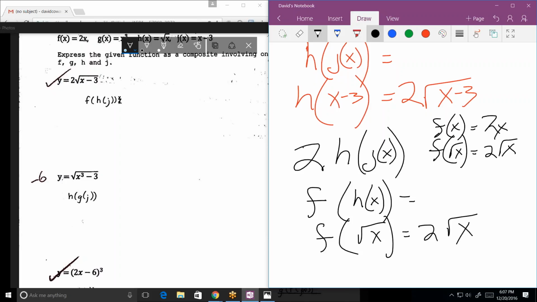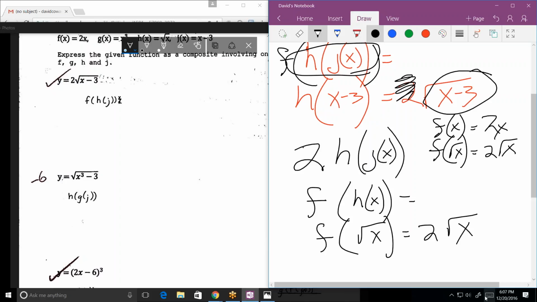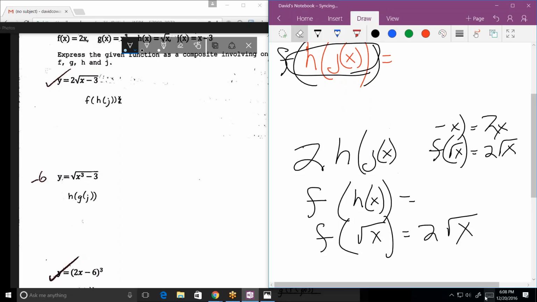All right. So now it looks like we need a composite of 3 functions. We already figured out that h of j of x equals that. So what we really need is to add the f in front of that. So f of h of j of x is what I'm saying it is. Now let's figure out whether that's correct. Let's do it step by step.